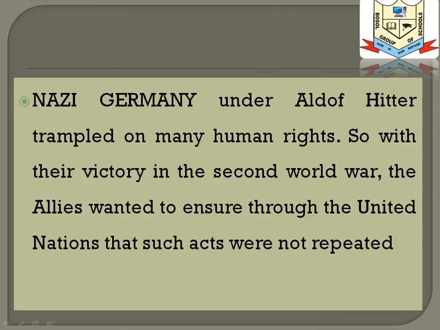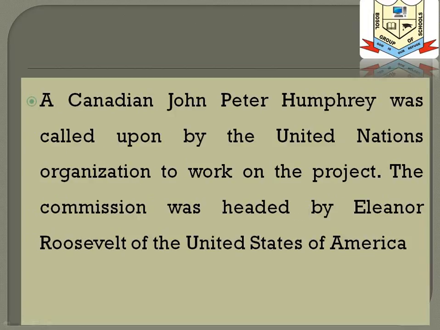Nazi Germany, under Adolf Hitler, trampled on many human rights, and as a result of that, the Allied forces were trying to put a policy in place, so that such an action would not repeat itself. So, with their victory in the Second World War, the Allies wanted to ensure through the United Nations that such acts were not repeated.